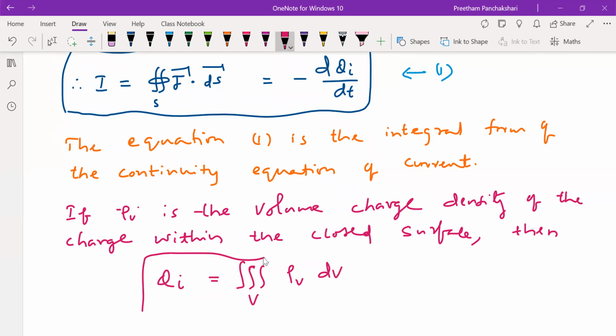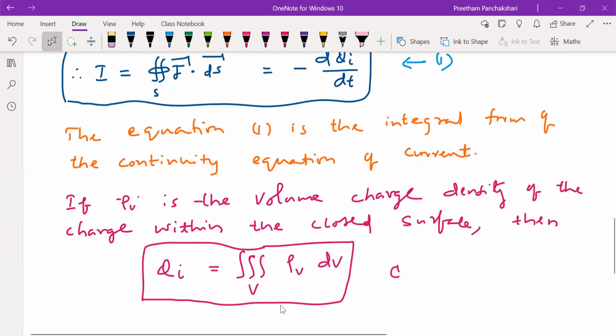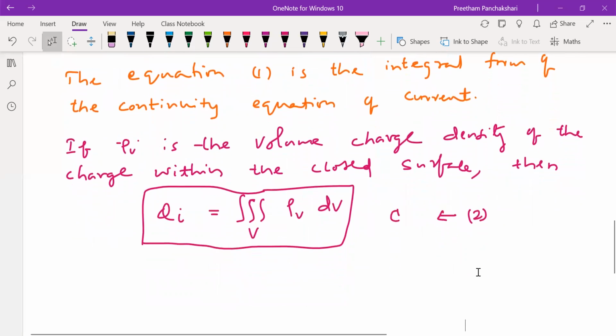We know this expression. This is going to be in coulombs, where rho v is the charge density in coulomb per meter cube and dV is the volume in meter cube. So the total integration gives us the total charge in coulombs. Now I would like to introduce this Qi into equation 1, the continuity equation. Let me call this equation 2.